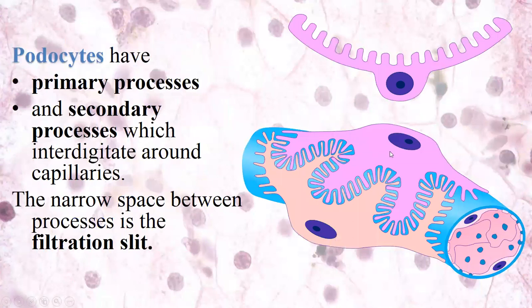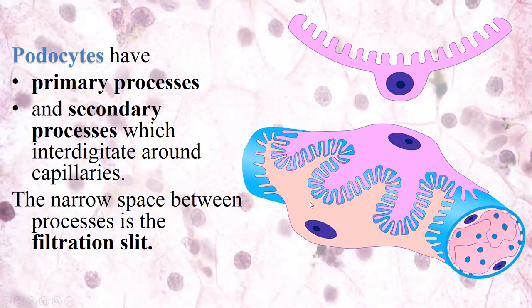So here we can see podocytes. They have star-like shape. They are branched cells, and they have primary and secondary processes. Primary like feet and secondary like fingers. That's why podocytes were called podocytes. Podos, it's feet or leg.